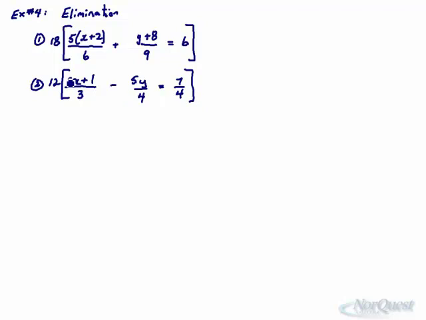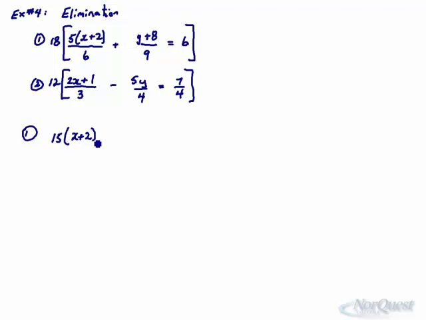So to start, I'm going to try and simplify this system. Now equation 1 is going to be 18 times the top divided by 6. Well, I'm going to reduce right away. 18 divided by 6 will be 3. Times the top, well, 3 times 5 gives me 15 times x plus 2.